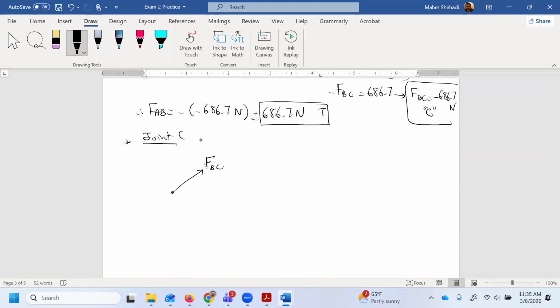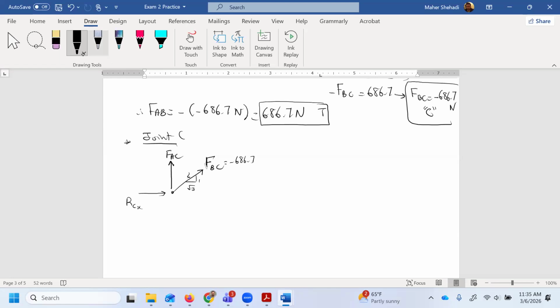Again, we already have the slope. It's 1, square root of 3, and 2. I have RCX, and here I have FAC. I already found FBC. It's minus 686.7.